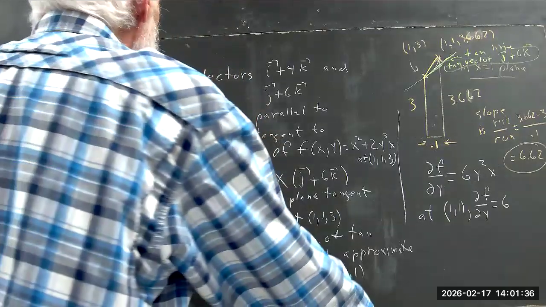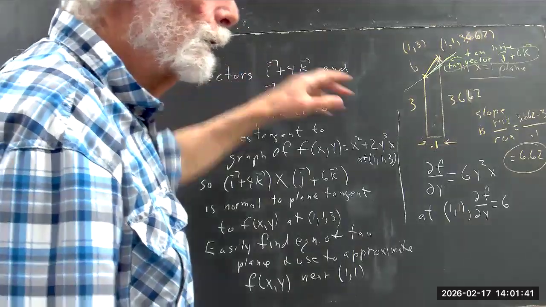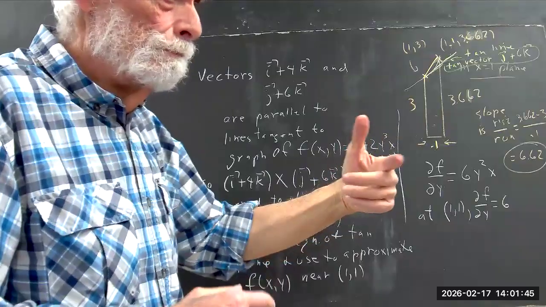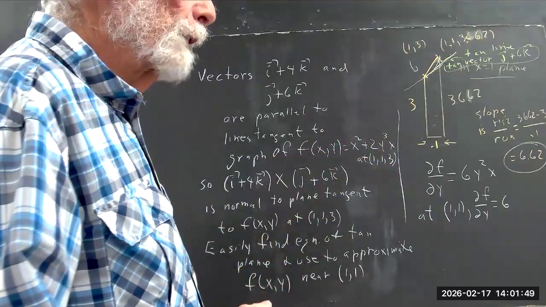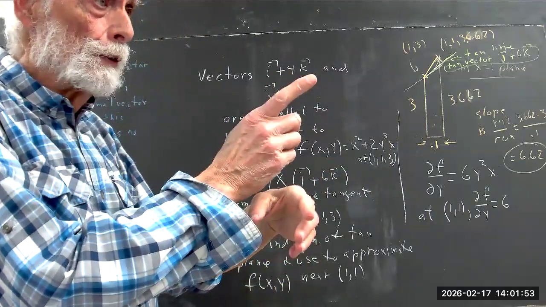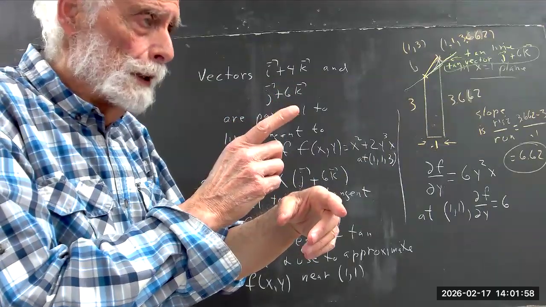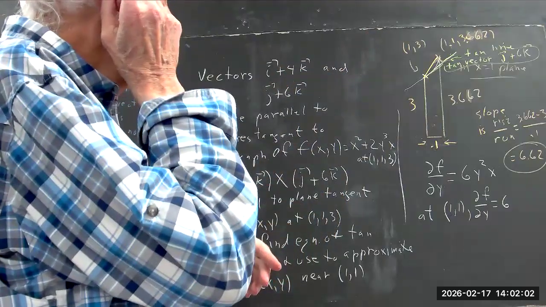So what can we do with this? Make a couple of statements. The vector i plus 4k is tangent to this surface, and it's in the x direction, sort of, in the plane parallel to the xz plane. And j plus 6k is a vector that's tangent to the surface in the plane parallel to the yz plane.